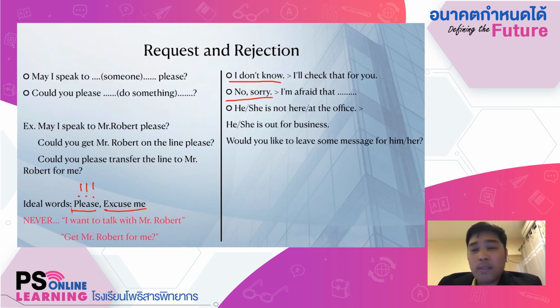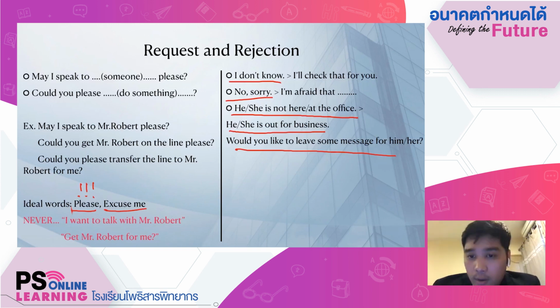Okay? Next one. If you would like to say that someone is not here, you could say he or she is out on business. Would you like to leave some message for him or for her?